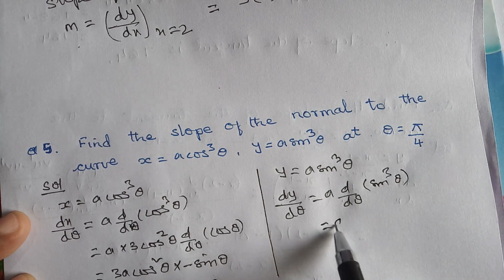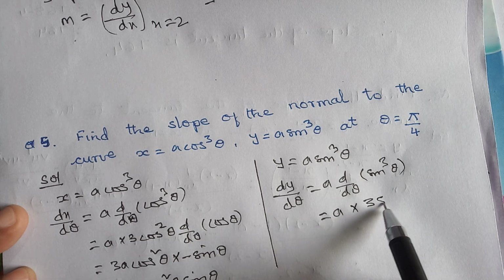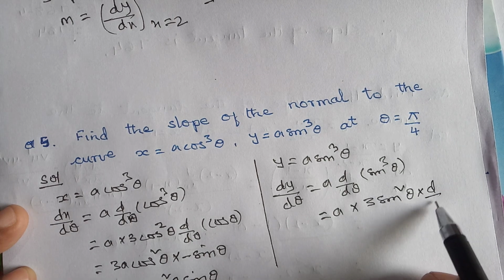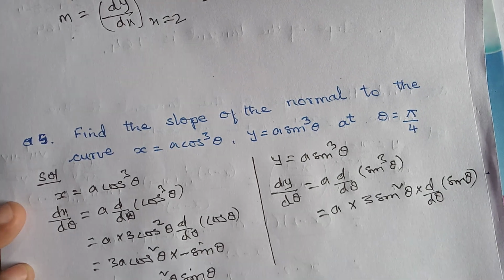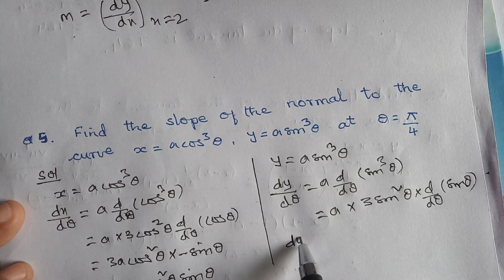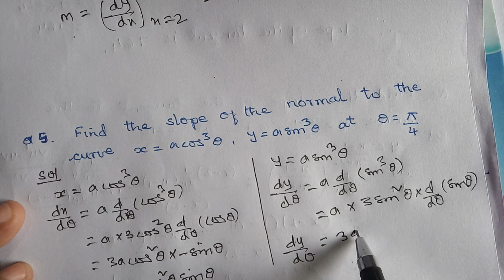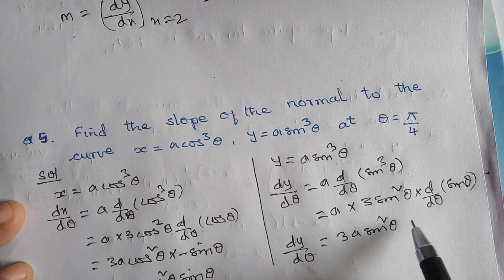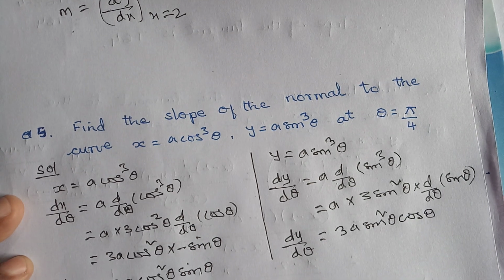Again x power n, so 3 sin squared theta, again d by d theta of sin theta. So dy by d theta equals 3a sin squared theta cos theta, since the derivative of sin is cos theta. So this is over, dy by d theta.